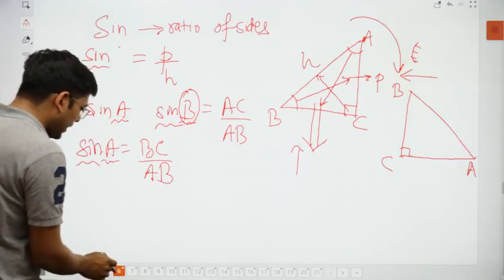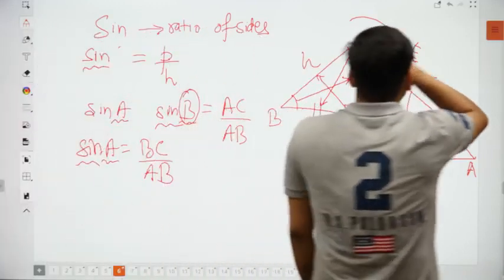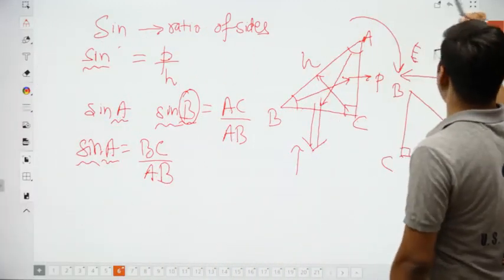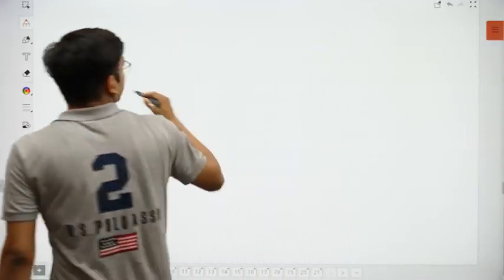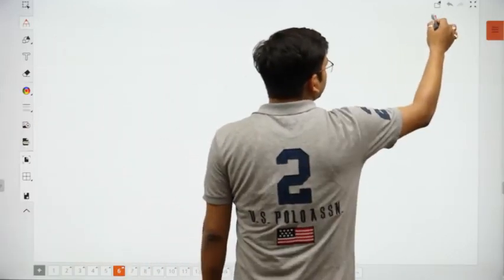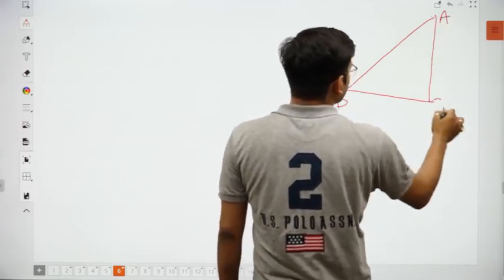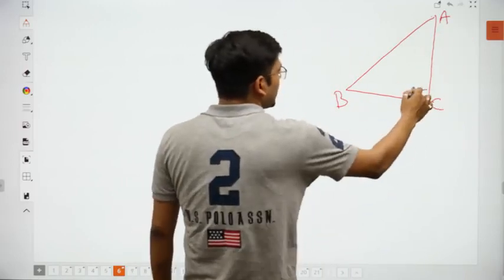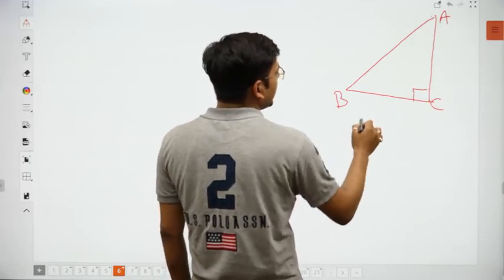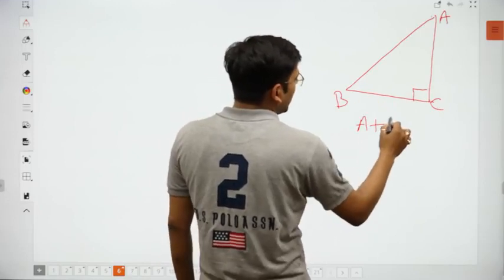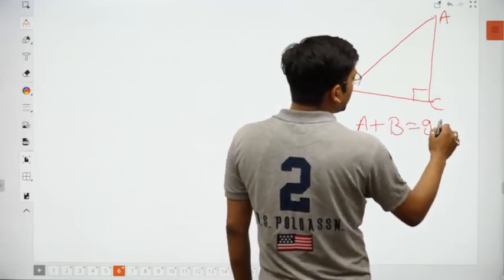Say for example, in this whole slide, if I make a triangle like this, A, B, C. You know very well that if angle C is 90 degrees, then A plus B would always be 90 degrees.